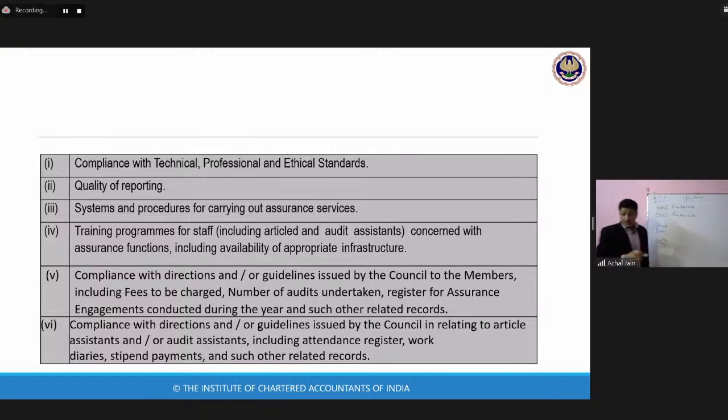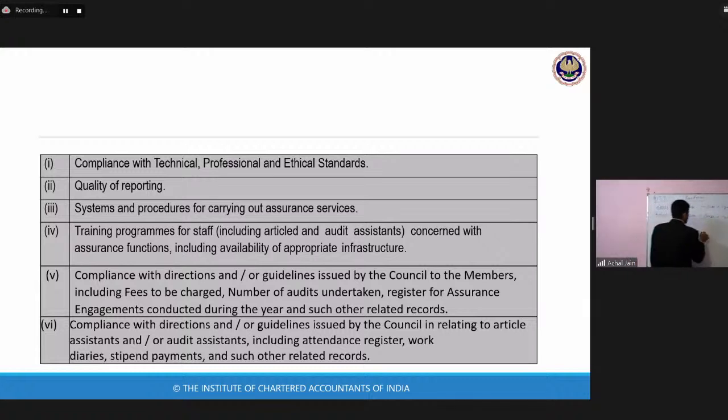For level 1 practice units, the peer review will be conducted once in every 3 years. Okay. For level 2, it will be conducted once in 4 years.